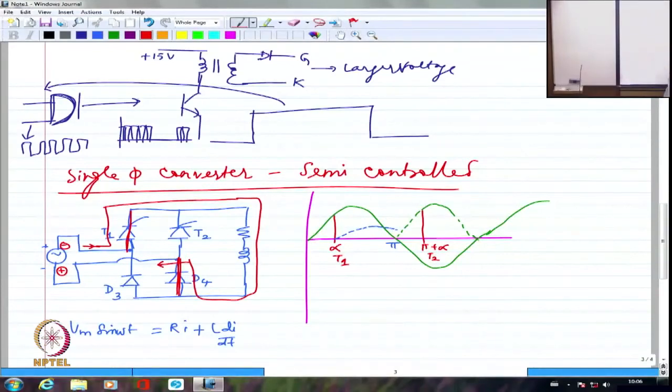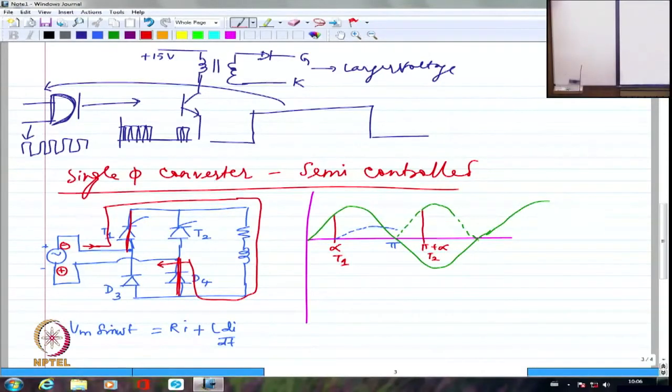D4 is conducting. Because of that, the supply voltage comes now across D3. Until pi, the supply voltage was reverse biasing it. The moment it crosses pi and comes into the reverse half cycle, D3 gets forward biased. The moment D3 gets forward biased, it's not going to keep quiet. It will start conducting.